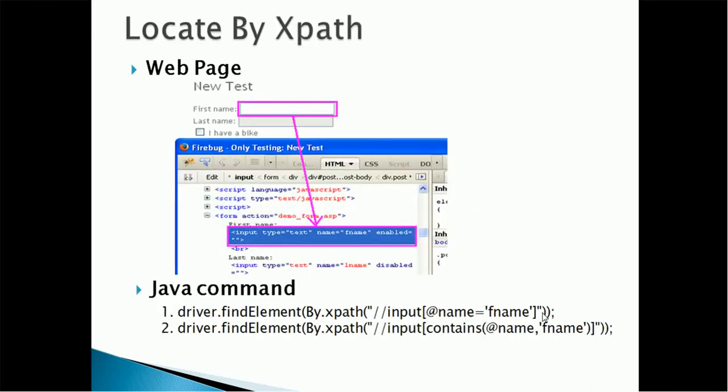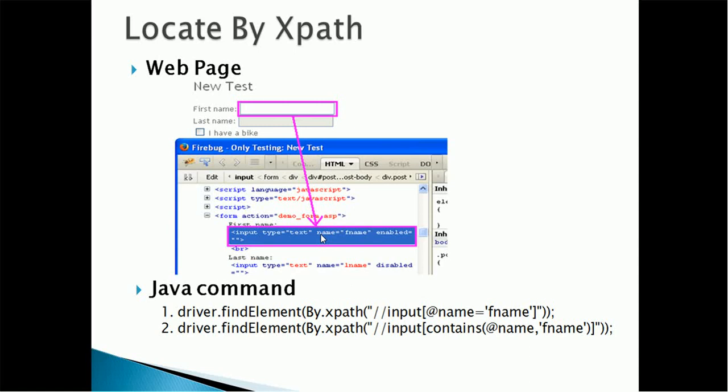And the next one is locate by XPath. This is a sample web page, and here is the HTML element of this text box, and I've used the method By.xpath, and inside it you have to pass the XPath. You should know how to prepare XPath, but of course there are a lot of plugins available in Chrome as well as Firefox where you can just drag and drop onto an element for which you want to find the XPath, and it will give you the XPath instantly.